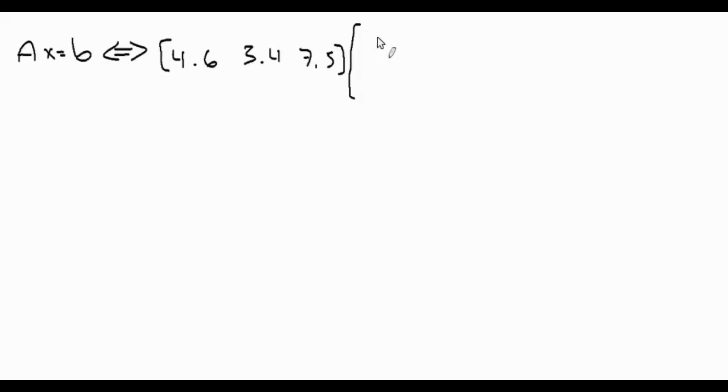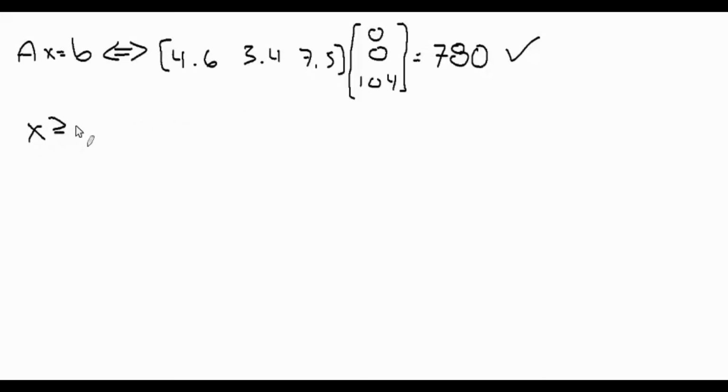Ax equals b is true if and only if 4.6, 3.4, 7.5 in a row vector times 0, 0, 104 is equal to 780, and it is, so check.